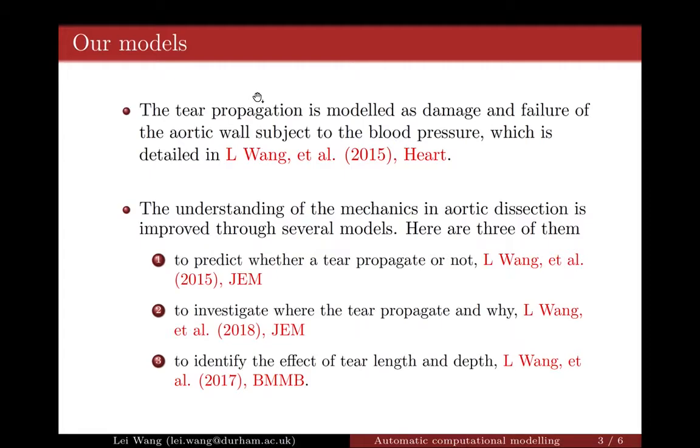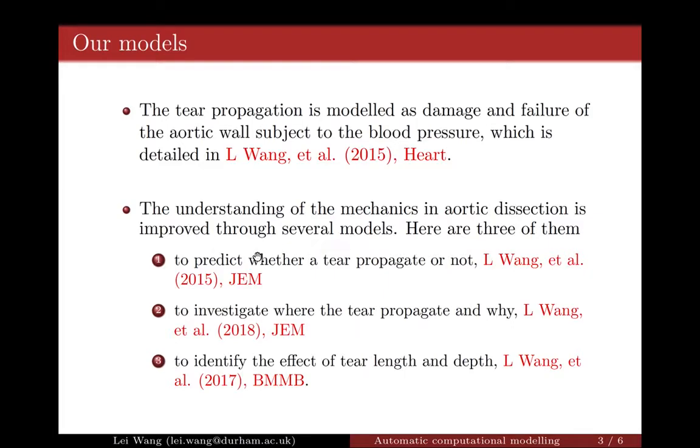To understand the mechanical information behind the disease, we assume the process is a damage failure of the aortic wall subject to blood pressure. And we decompose the big project into several aspects of the mechanical problem.